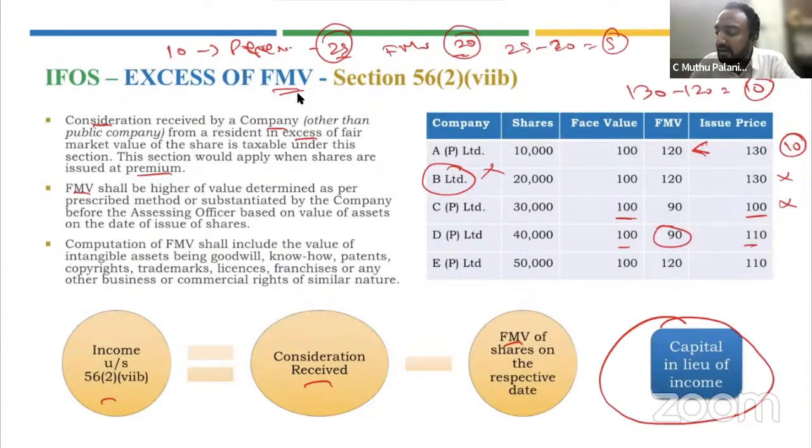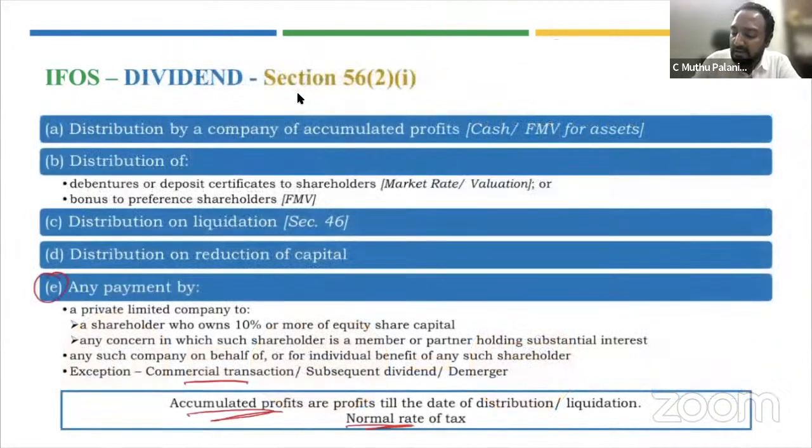Difference between 110 and 90 will be treated as income. In the last case, my issue price is 110, my face value is 100, my fair market value is 120. Here my fair market value is greater than the issue price. So here also no income. This is how you actually calculate excess of fair market value. In your income from other sources, you'll be questioned on dividend.